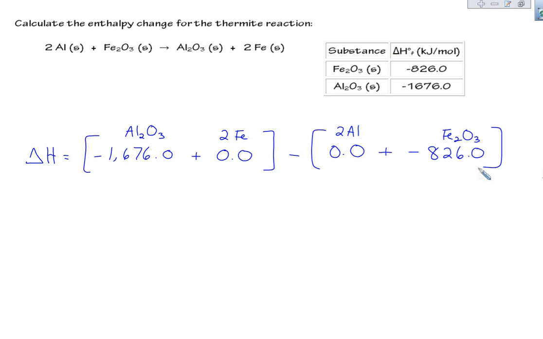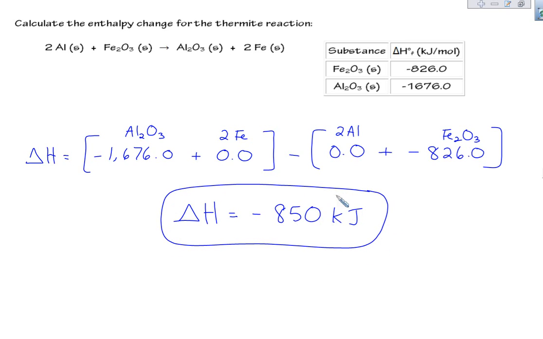If you know that those pure elements are in their standard state, their enthalpy of formation value is 0, they're naturally occurring, you can leave those out when you show your work. And then you just plug this in your calculator. Negative 1,676 minus negative 826. Again, that's something that sometimes people will miss. So this is still exothermic, negative 850 kilojoules.